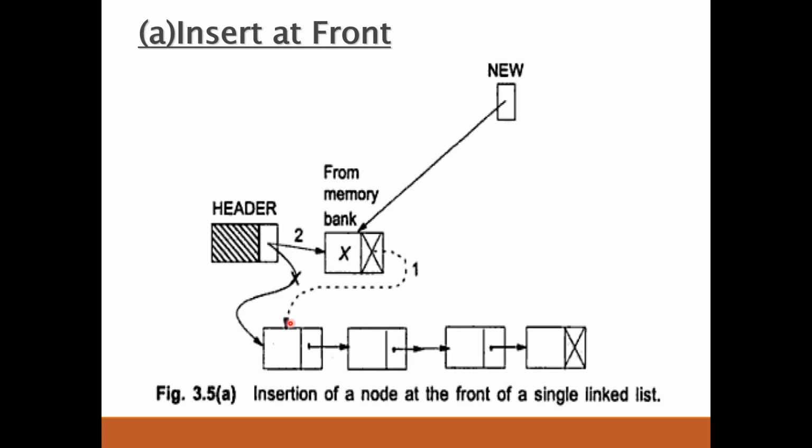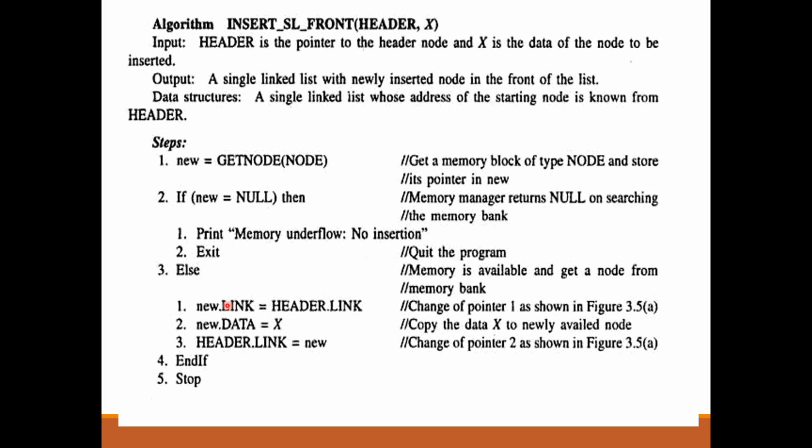To insert an element at the front of an existing list, the new node link part should have the address of the header link. That is, the header link has the address of the current first node, and that address should be stored in the link part of the new node. That is, new.link is equal to header.link.